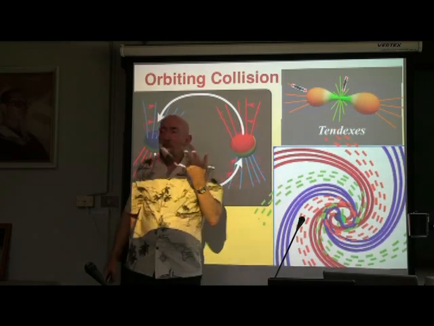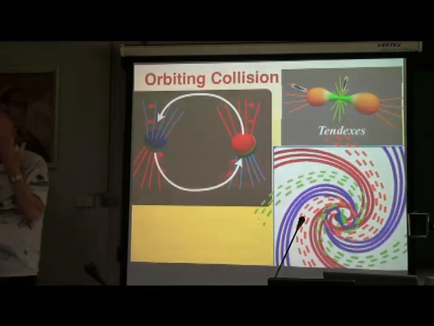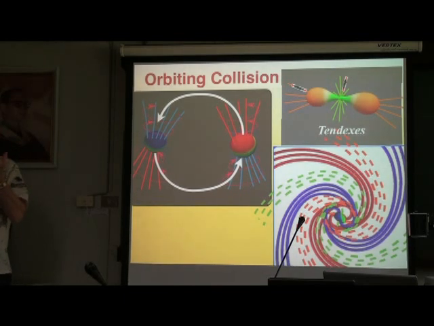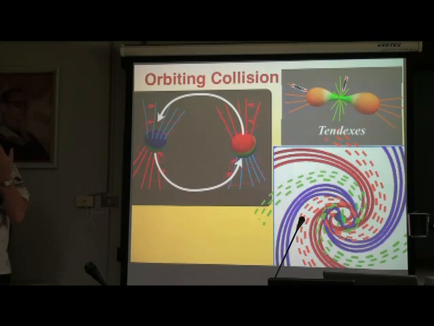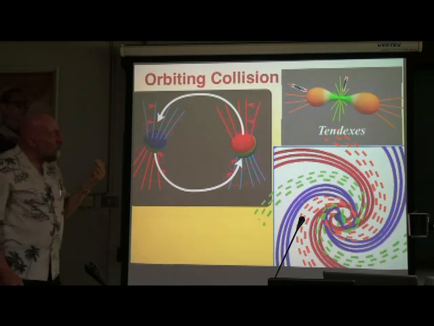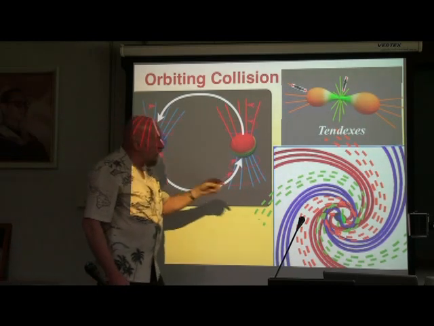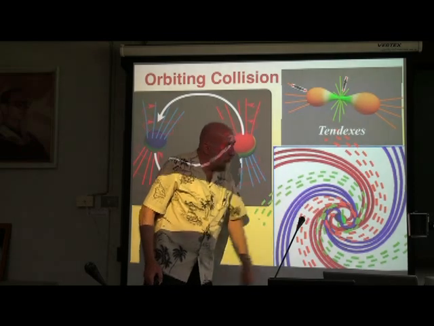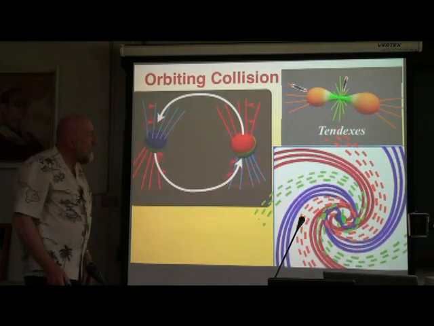So there are 2 sets of waves. They're the analog of electric dipole radiation and magnetic dipole radiation. Gravitational waves are produced by vortexes that stick out through a black hole and by Tendexes.